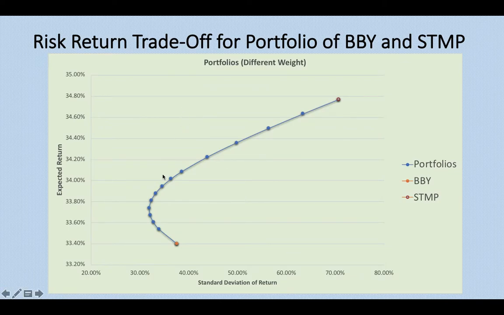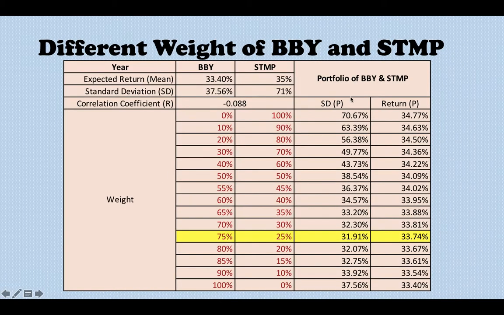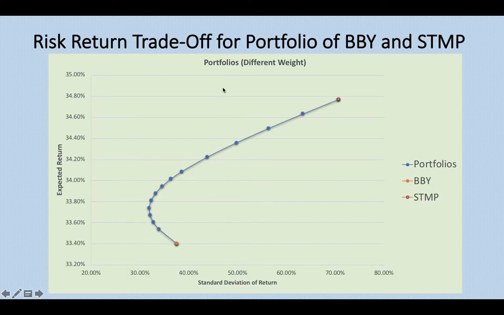I want to plot all these numbers, these two sets of numbers, on a graph to see what it looks like. So here's the graph. This axis is the standard deviation, and this is the expected return. This dot is Best Buy, and this dot is Stamp.